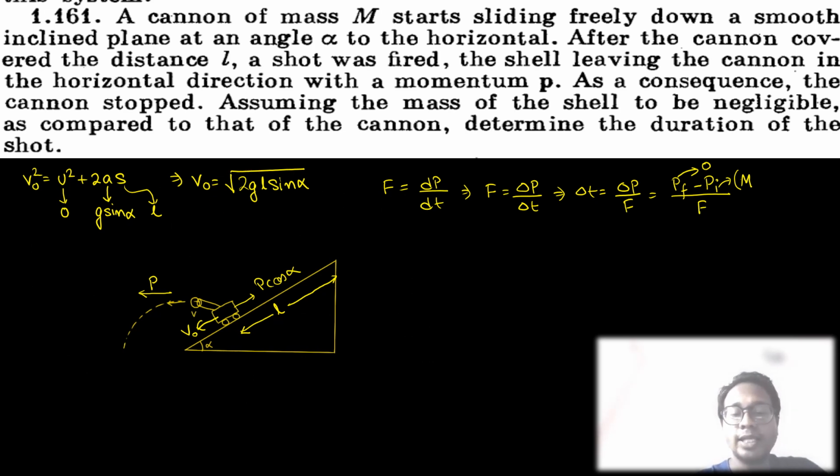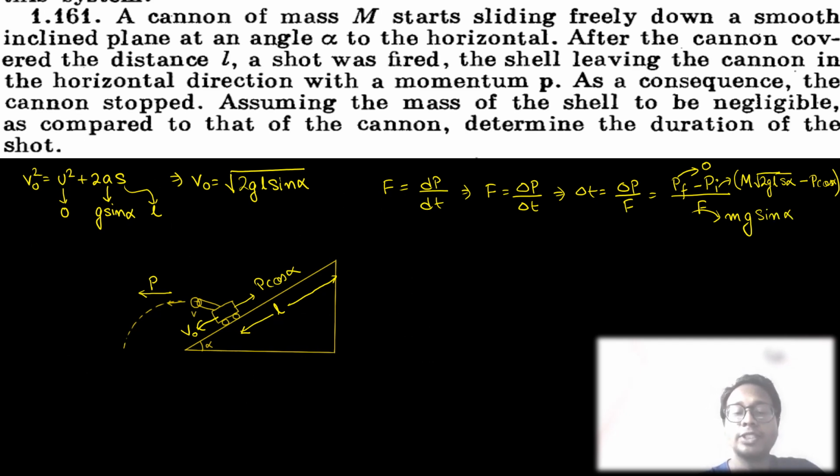Under root of 2gl sin alpha, minus of what is the momentum induced in opposite direction? P cos alpha. And what is the only force acting on this body? The only force acting on this body is nothing but mg sin alpha.